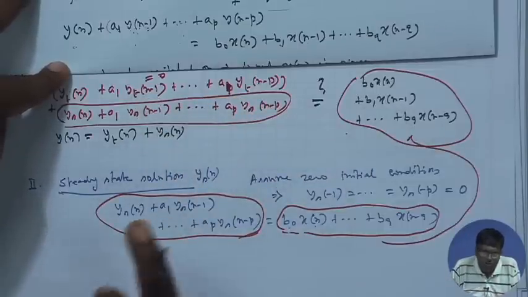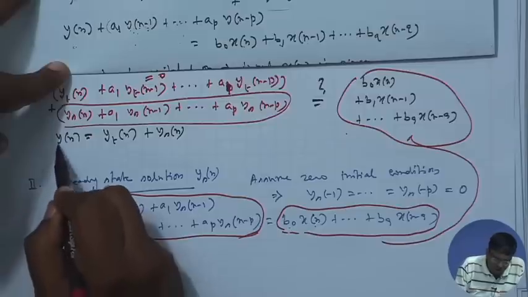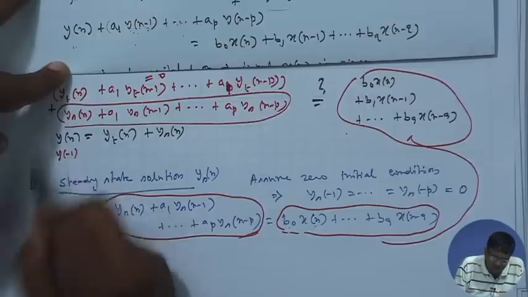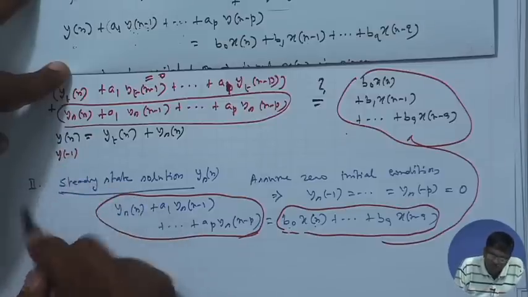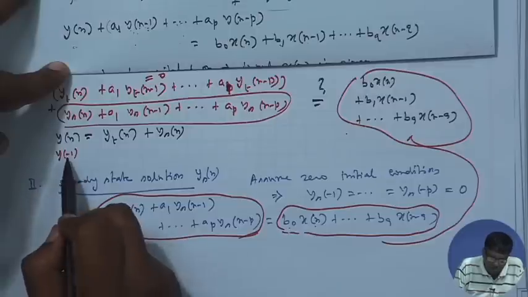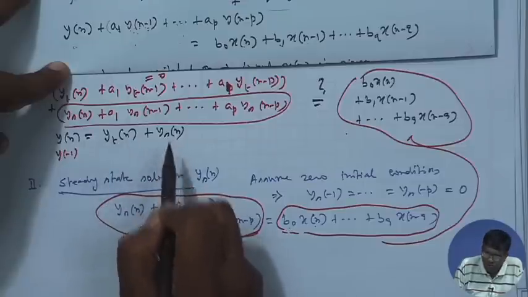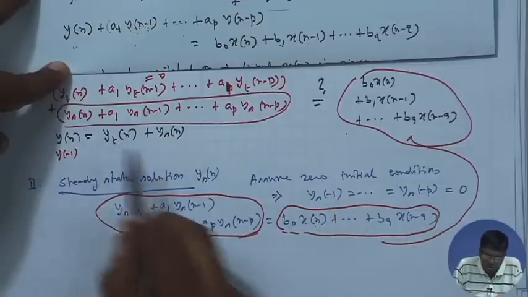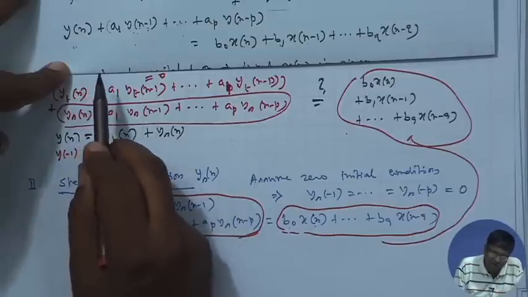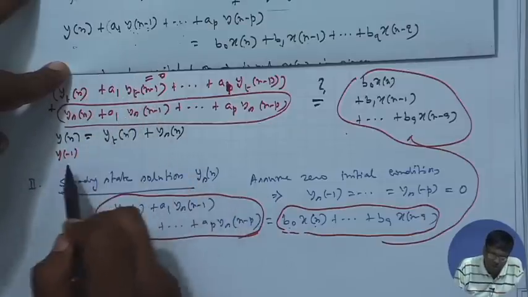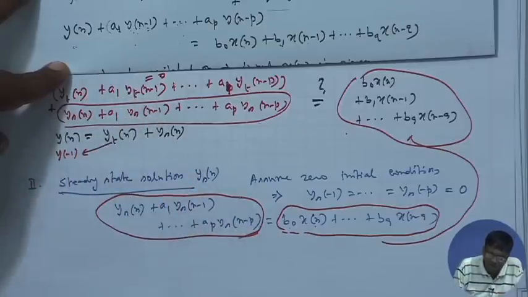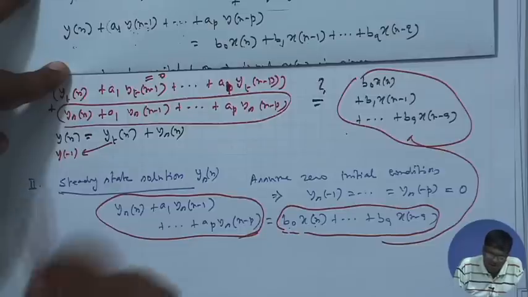Also, how about the initial conditions? Is this y minus 1 equal to the given one? The answer is yes, because y minus 1 means y t minus 1 plus y s minus 1, but y s minus 1 was taken to be 0, and y t minus 1 was taken to be the given initial condition y minus 1. So that comes back here. Similarly, y minus 2.